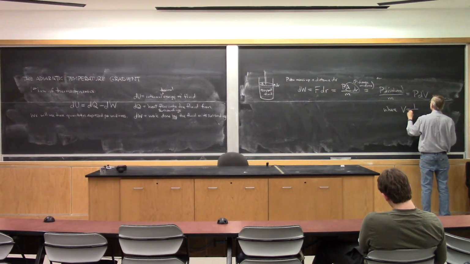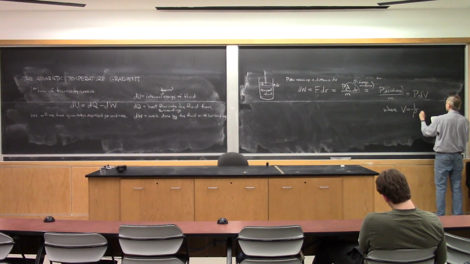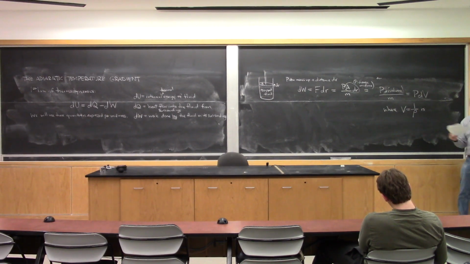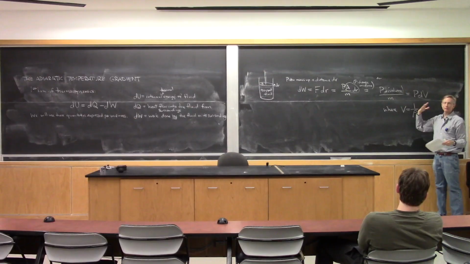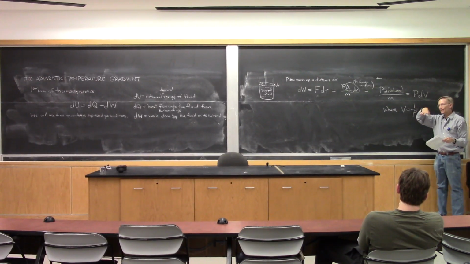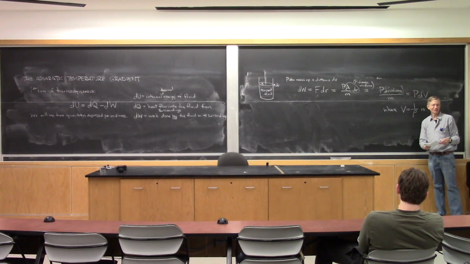V equals 1 over rho is the volume per unit mass, because everything is per unit mass. I'm using the symbol V, which we normally use to mean volume, but I'm changing it to mean volume per unit mass. And this is making Kathleen sad, but it's okay, because she will get used to it.